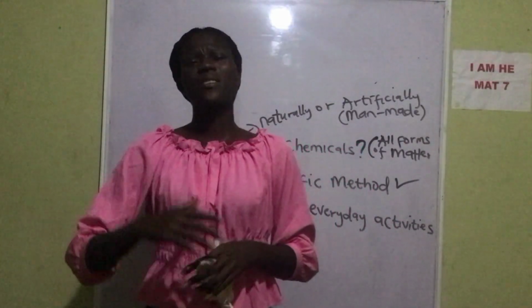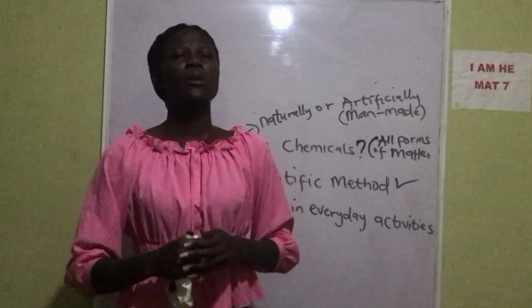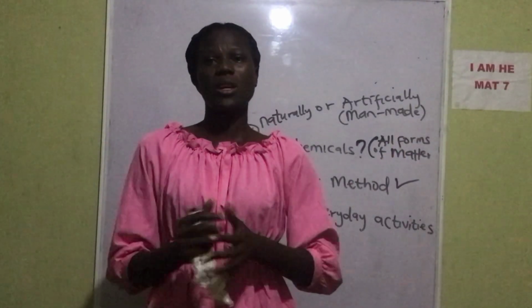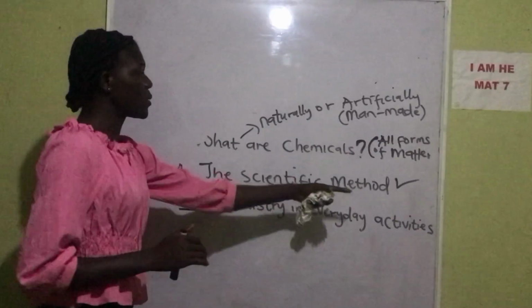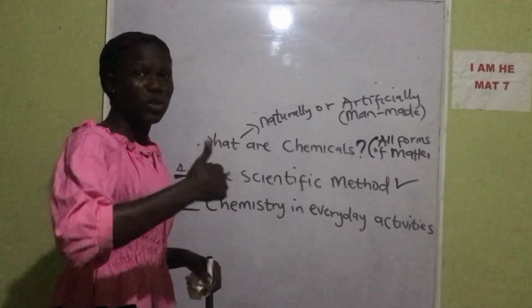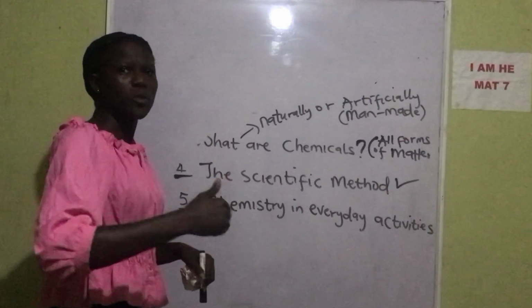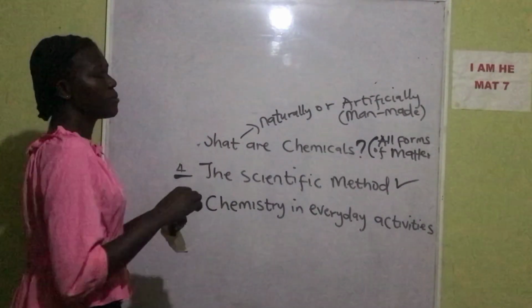Even as a scientist, there are methods we put into use that enable us to bring up new ideas and also propound theories or laws as well. The scientific methods are methods used for making inquiry and bringing new things into play. The steps involve four major steps.